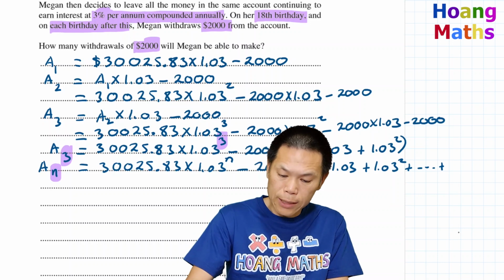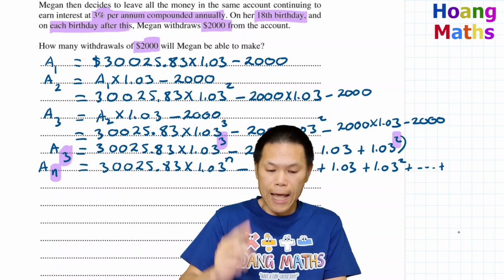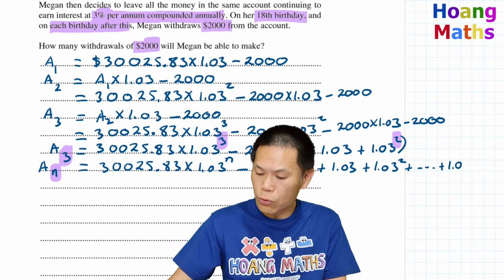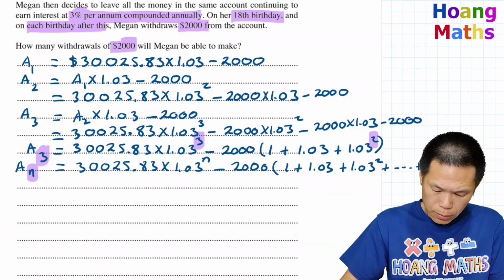Now, don't forget, because this is power of 3 and it gives me power of 2, therefore 1 less. So instead of power of n, it is n minus 1, so 1.03 to the power of n minus 1. So that's how it is, okay?